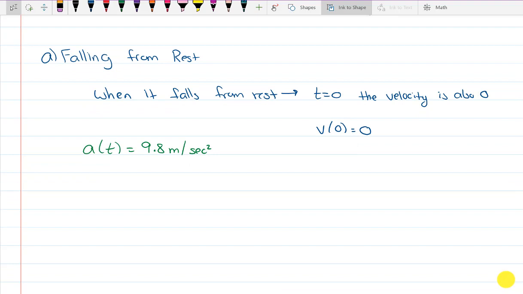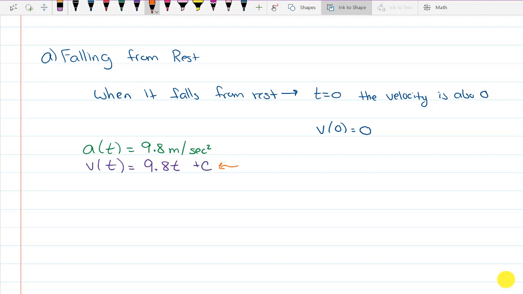So what we need to do then is find velocity. Well, we know that the derivative of velocity is acceleration, so the antiderivative of acceleration would be velocity. So what do you have to take the derivative of to get 9.8? Well, as we saw with the antiderivative, in order to get 9.8, you need to take the derivative of 9.8t. But remember, whenever you take an antiderivative, you're always going to get this extra c value.